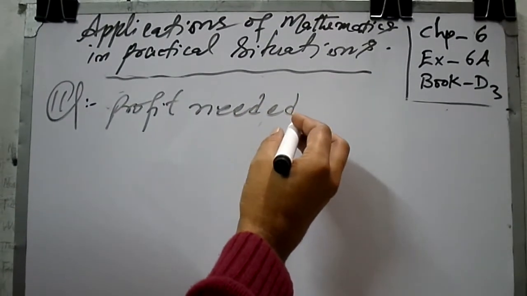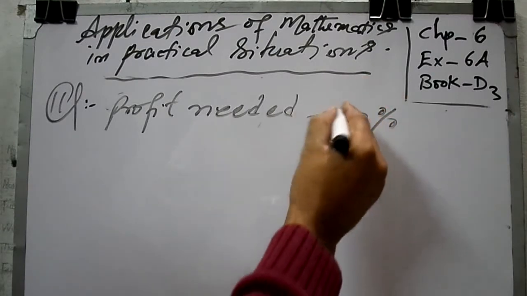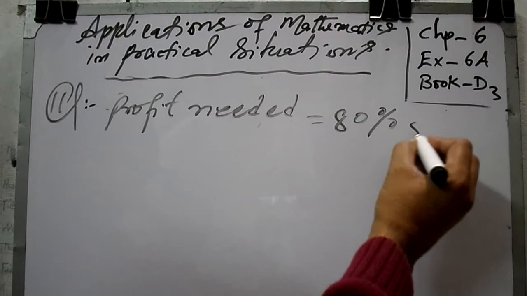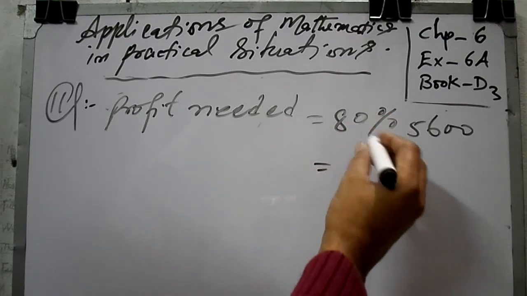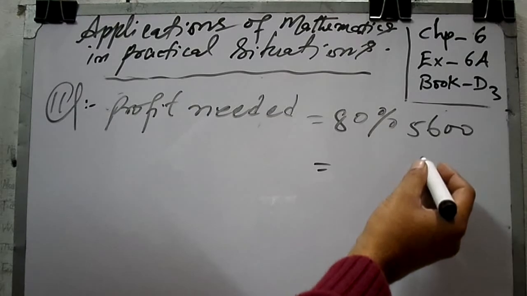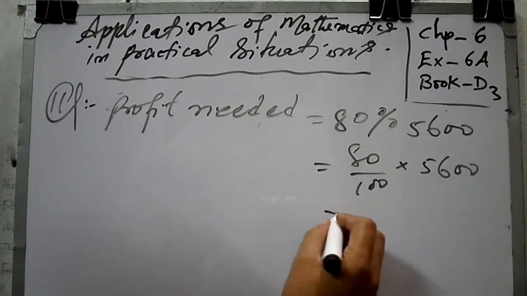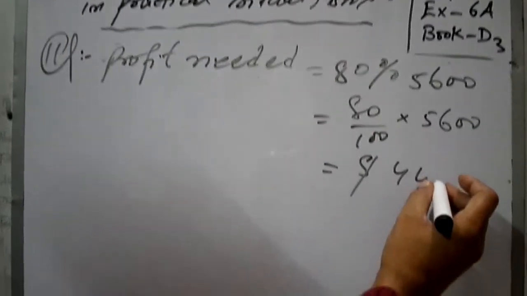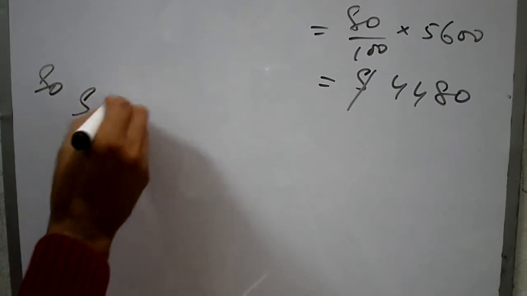Now you see here, profit needed is 80% of 5,600, so that will be equal to 80 divided by 100 multiplied by 5,600, so your result will be, after simplification, you will get $4,480.